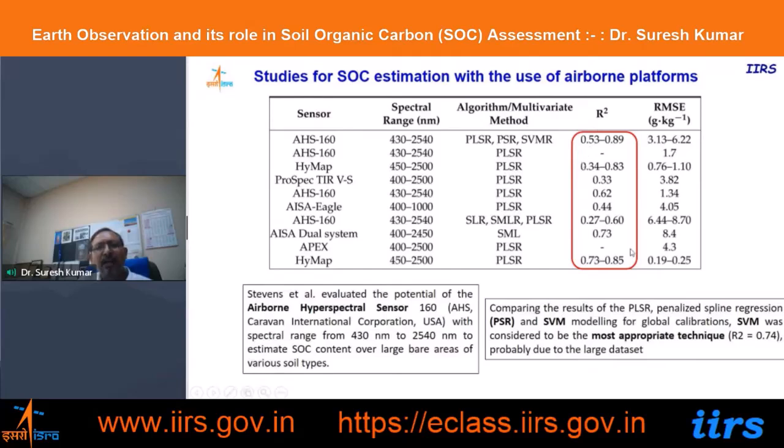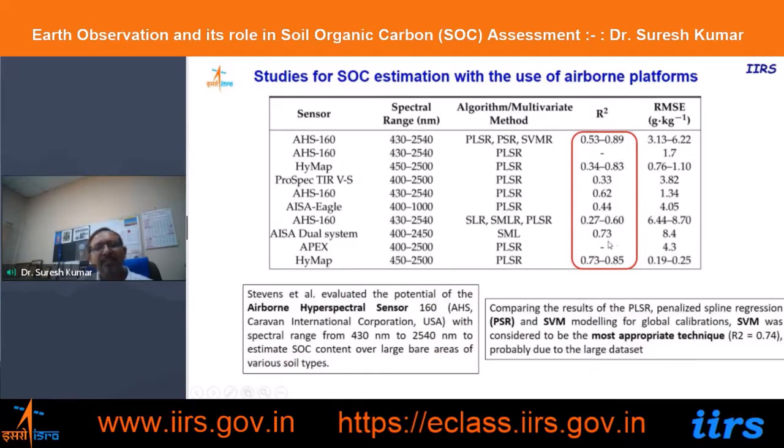They also found R square in some cases up to 0.89, generally in arid and semi-arid regions, where the soils remain very dry, and their reflectance characteristics give very good correlations with soil organic carbon.